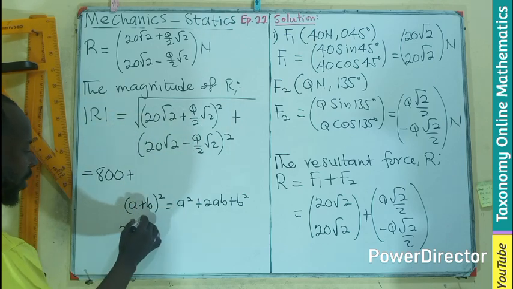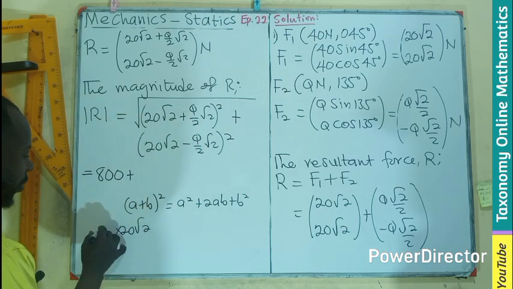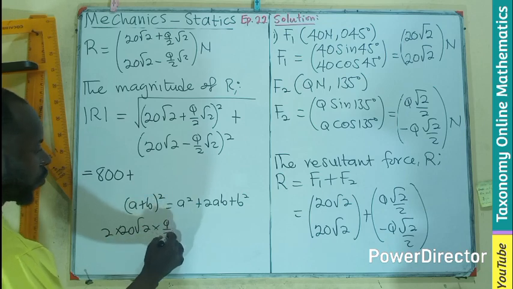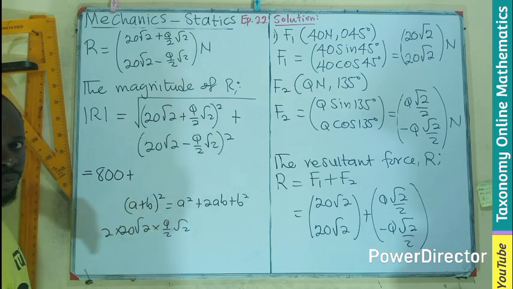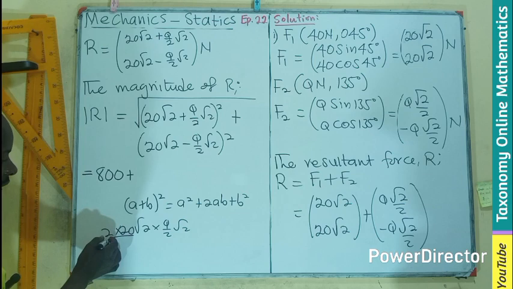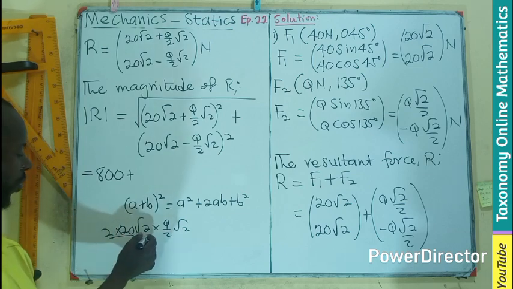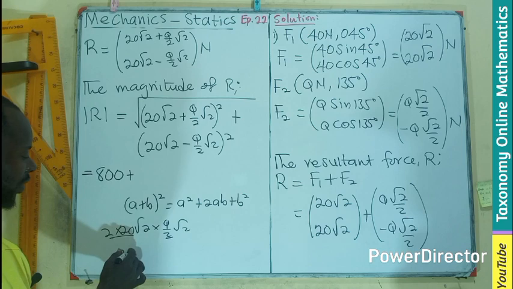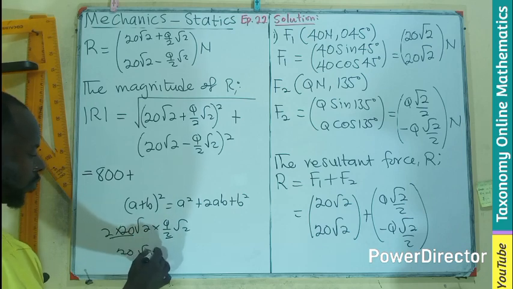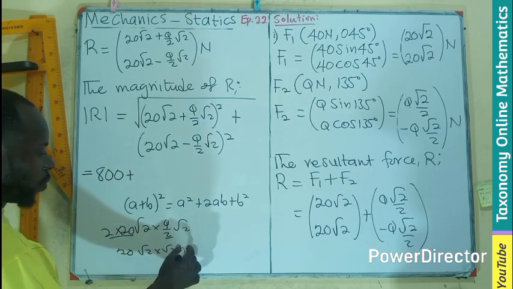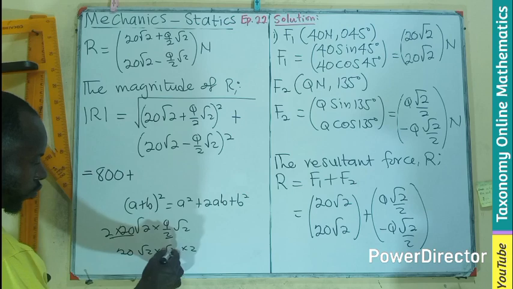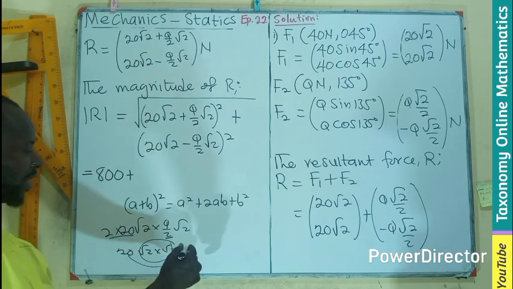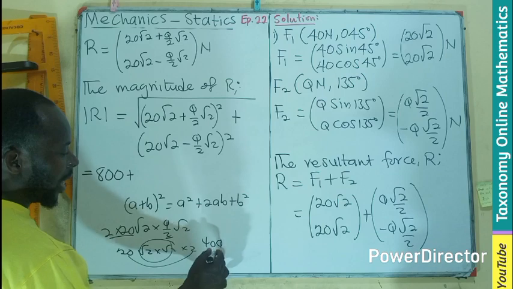That is 20 root 2, okay? 2 times 20 root 2 times Q over 2 root 2. So 20 times 2, 40. 40 times half, that will be 20. Root 2 times root 2 will give you only 2. So 2 times your 20 gives you 40, then the Q will come.